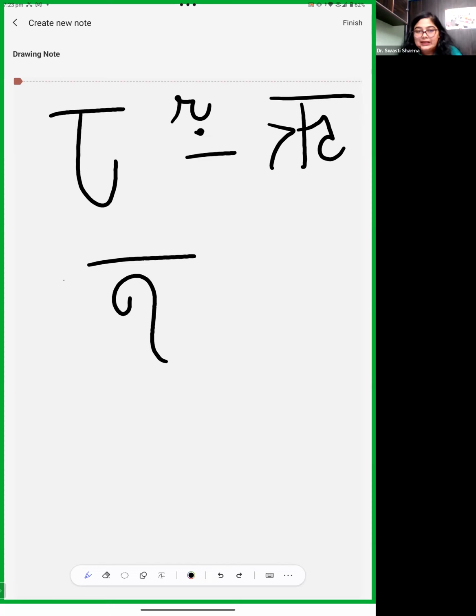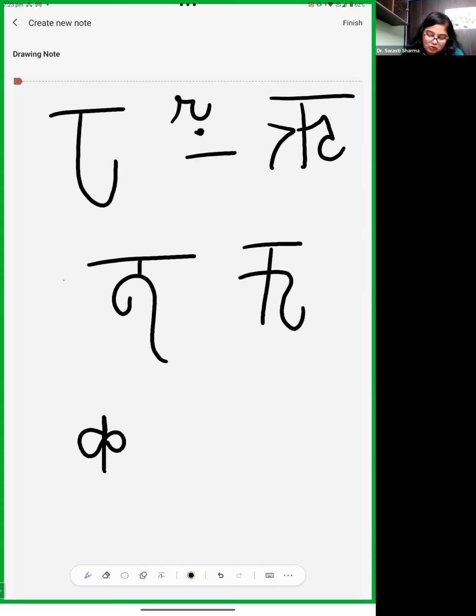This is Kri. Okay. We are finding it like this also. This is also Kri. And we are finding this like this too. This is Kri. These are 3 types of variations of the letter Kri.